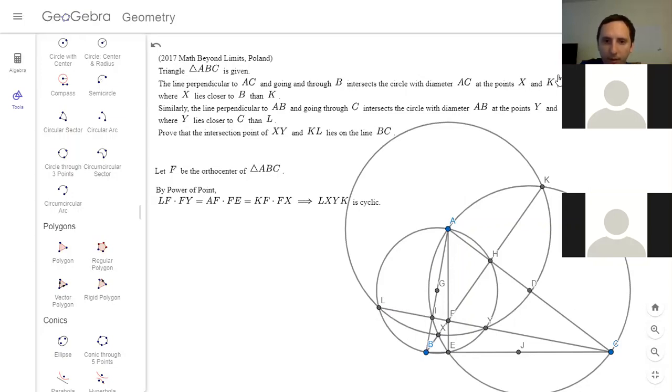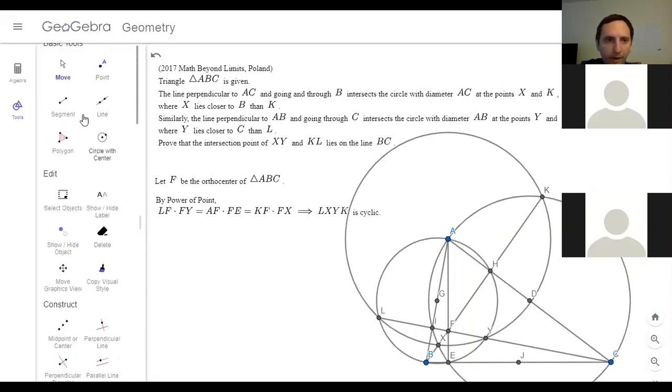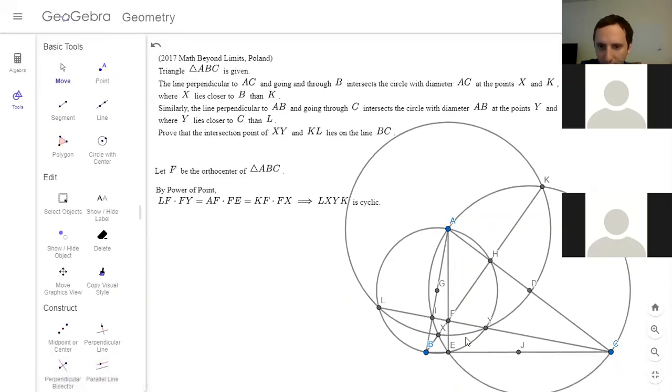So after proving LX, okay, by Ricard's we could do it that way too. Let me keep trying my idea though. Actually, is it obvious that if angle XEY equals angle LEK, then they concur on BC? Now I'm actually not so sure if that's obvious.